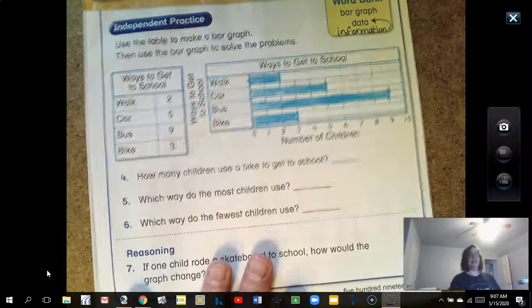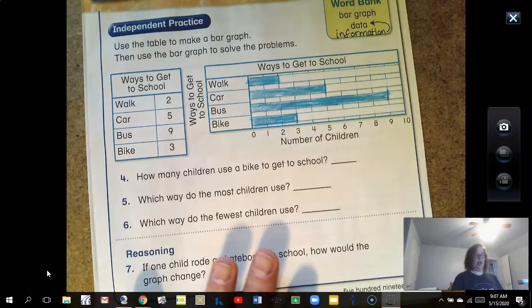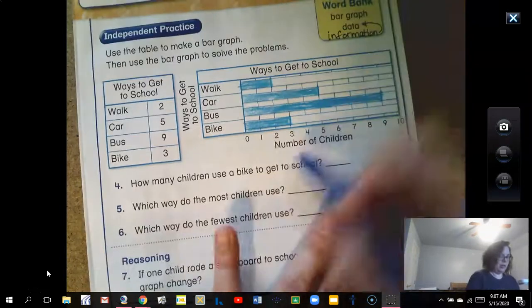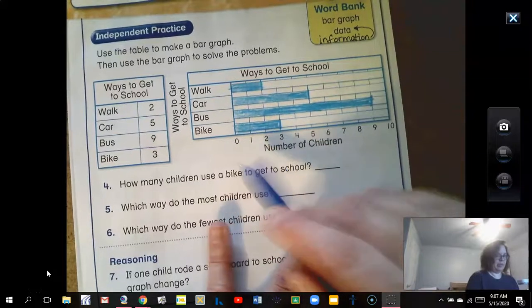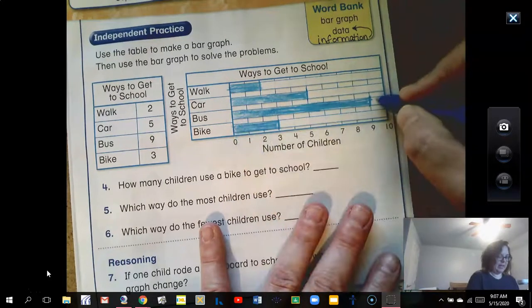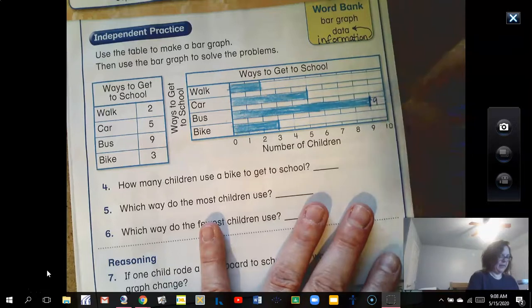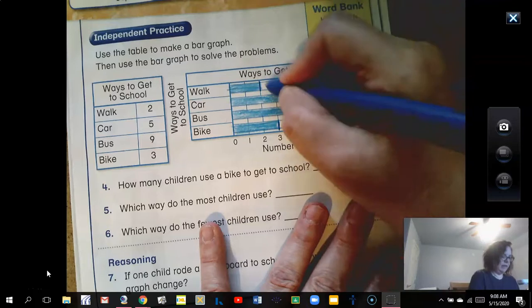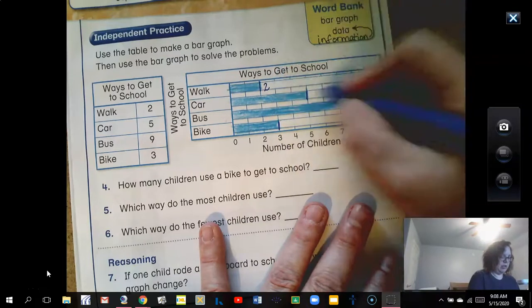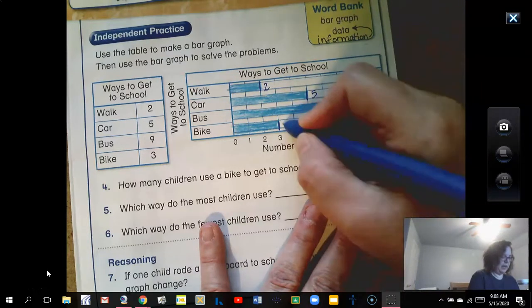Okay, so now you can clearly see on this one who won out, or which mode of transportation was used the most. So bus is over here at 9. Walking, 2. Car, 5.